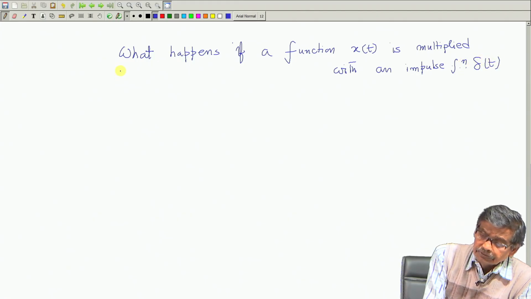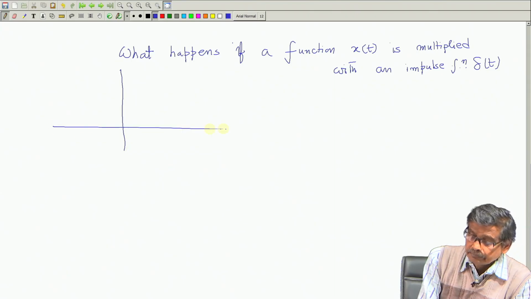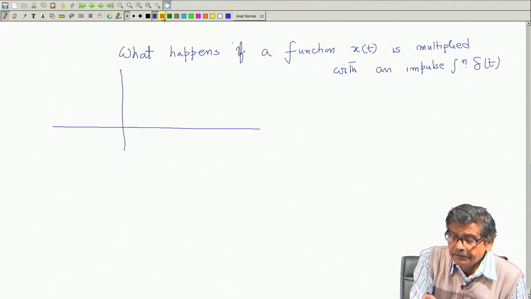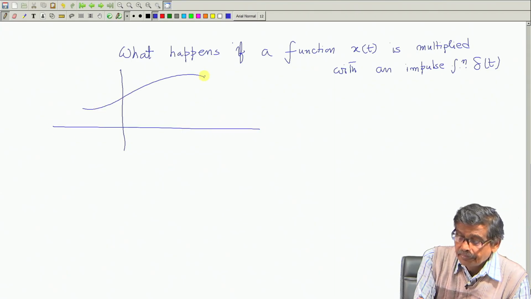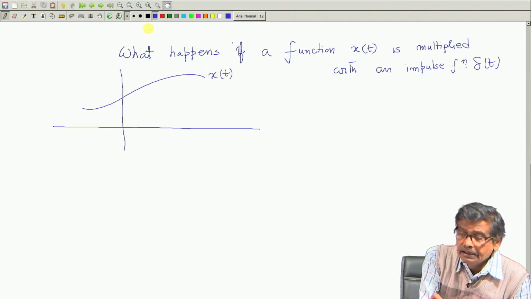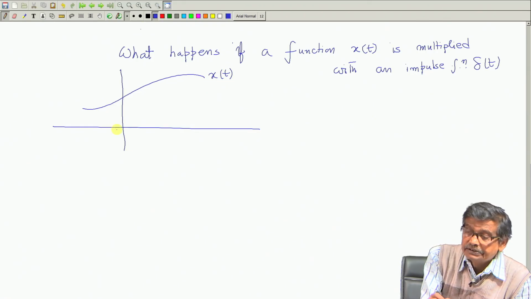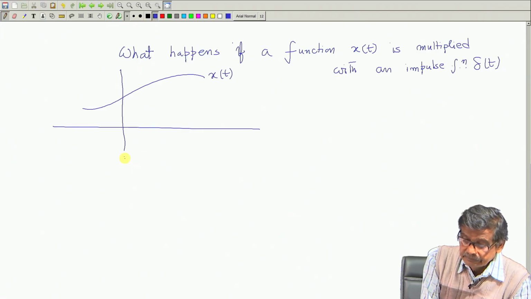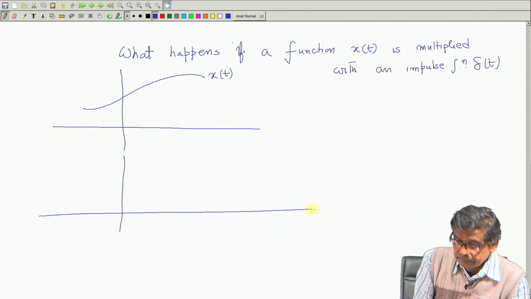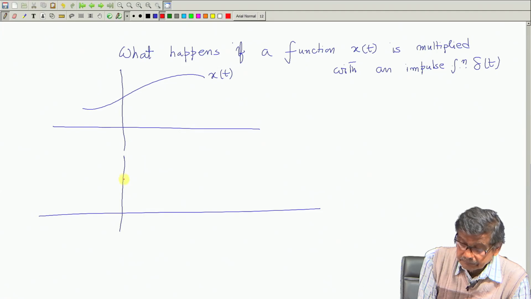That is, suppose you have a function x(t) and I have a delta function sitting at origin.